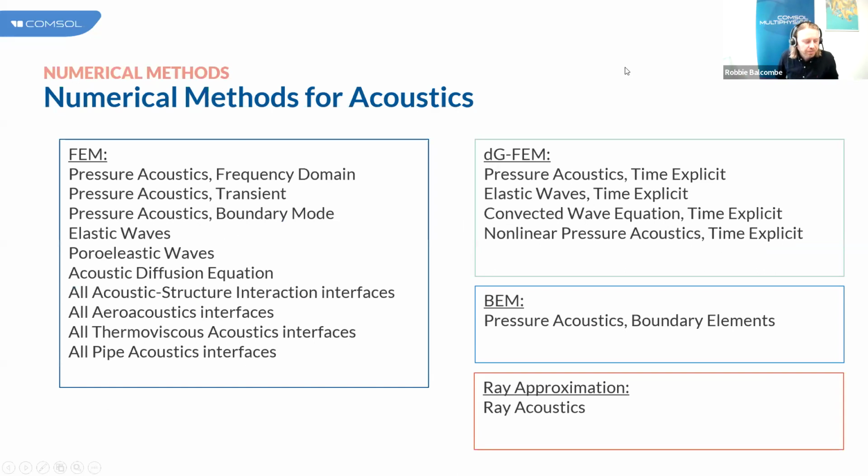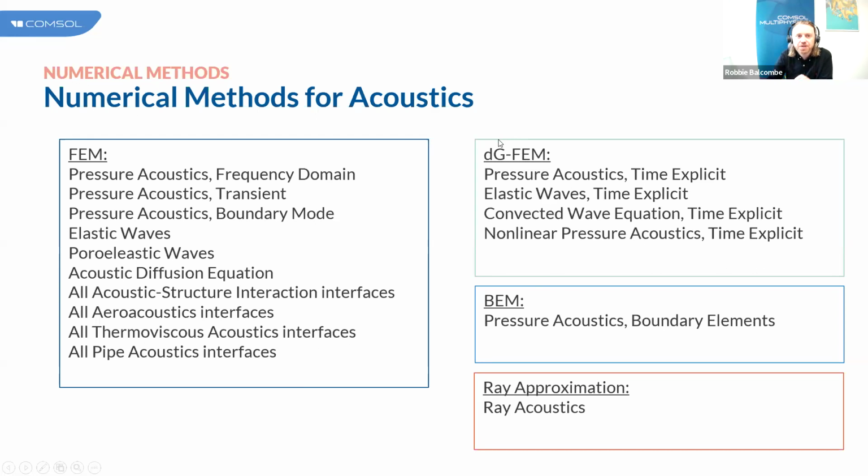So in terms of numerical methods available within the acoustics modeling functionality, you can see here that we have finite elements, discontinuous Galerkin finite elements, boundary elements, and ray tracing. The largest set of functionality is implemented for the finite element method. So you can model pressure acoustics in the frequency domain and time domain. You can model waves in solids and porous materials. You can also look at things like aeroacoustics, thermoviscous acoustics, and pipe acoustics.